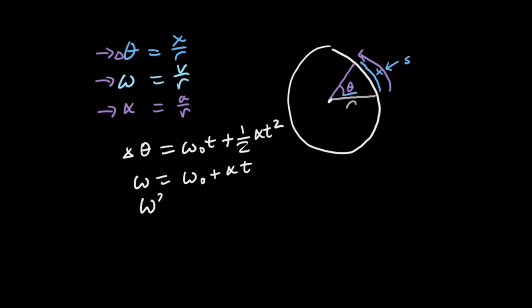And then our third one. And you'll notice these are all exactly the same as our big three kinematics equations. We've just replaced all of our x's with thetas, all of our v's with omegas, and all of our a's with alphas.